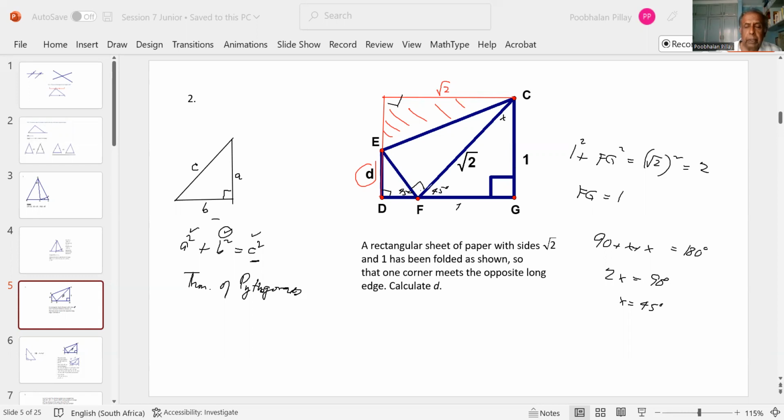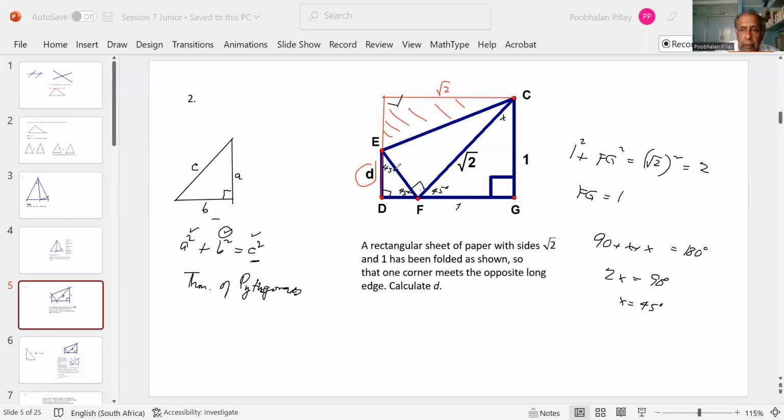But then this is a right angle triangle also, because we started with a rectangle, and you have two angles of the small triangle here. If this is 45, this is also 45. So you can see how we move from one to the other, just using the results that we know already, the isosceles triangle and the Pythagoras theorem.